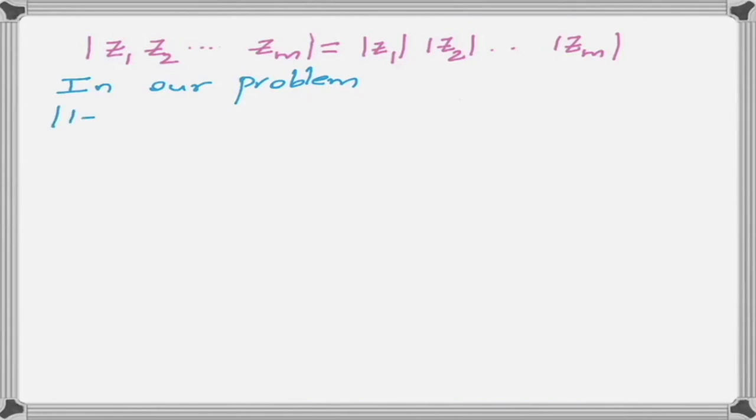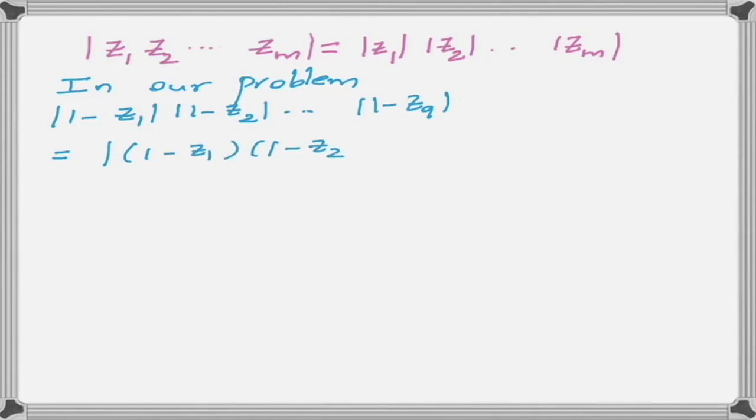the product of the absolute values of the complex numbers 1 minus z1, 1 minus z2 and so on up to 1 minus z9 is equal to the absolute value of the complex number 1 minus z1 times 1 minus z2 and so on up to 1 minus z9.